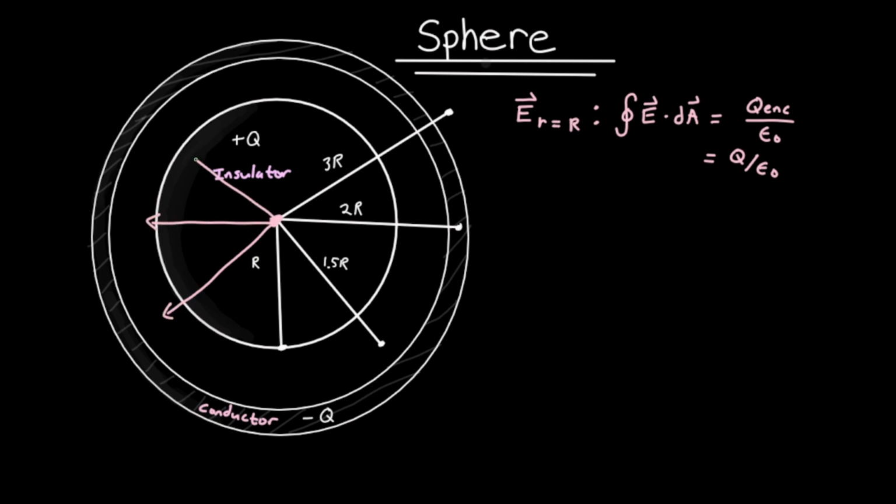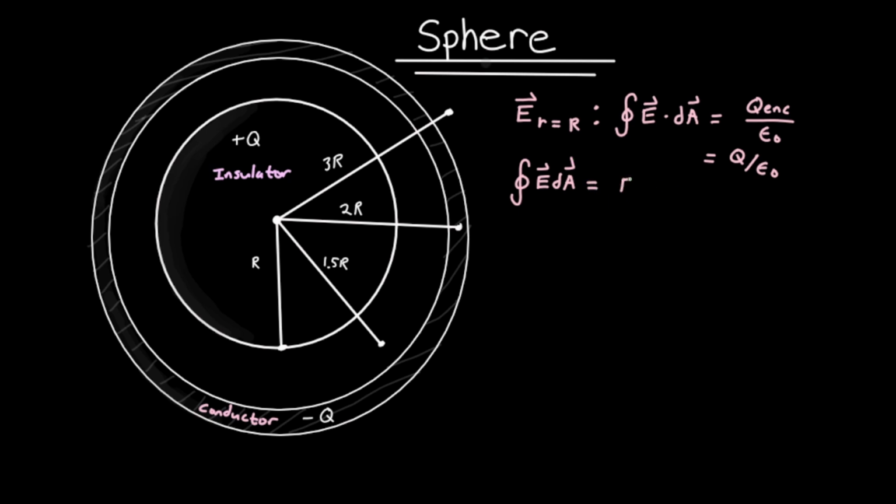Therefore, the electric field lines pass through the surface parallel to the area vectors that face away from the center of the sphere. We can now rewrite the integral of E dot dA. Because the electric field lines and the area vector lines are parallel, E dot dA is equal to E times dA times cosine of 0, which results in just E times dA.